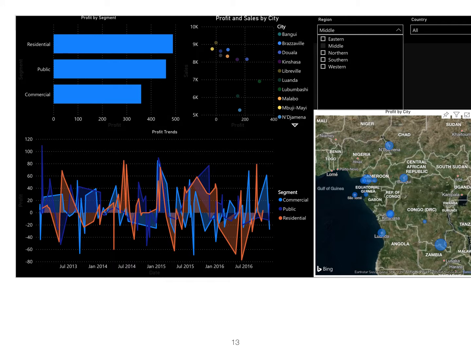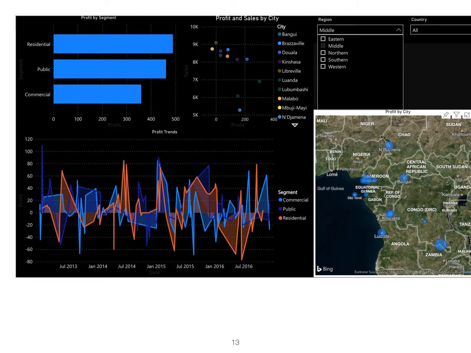And on the scatter plot, we see the different cities in this region identified with different colors, and the shapes of the bubbles are all the same because it doesn't vary per profit. It's just an indication of the city level.